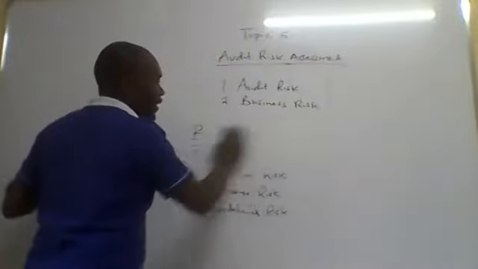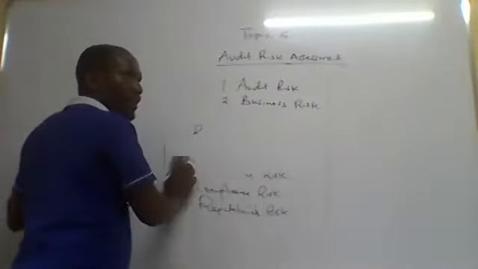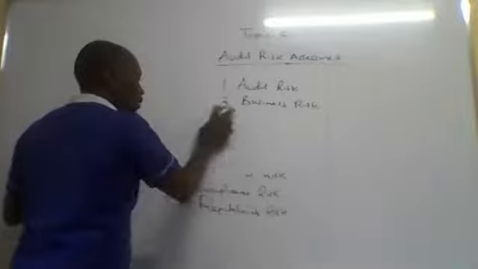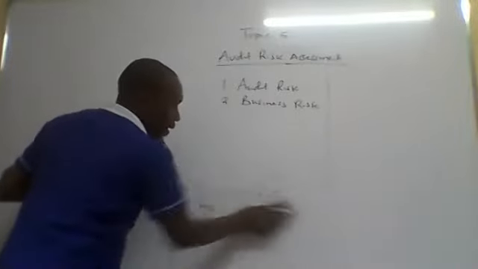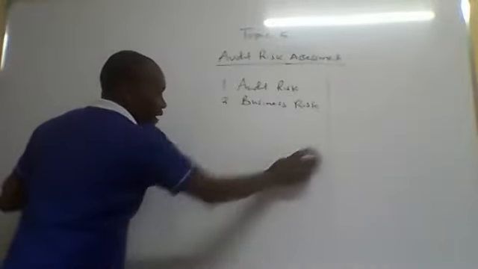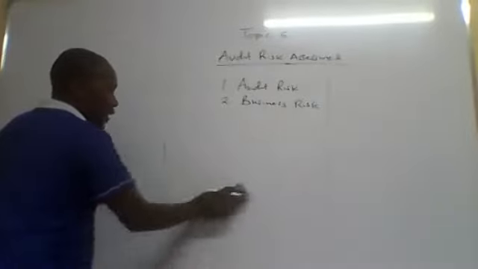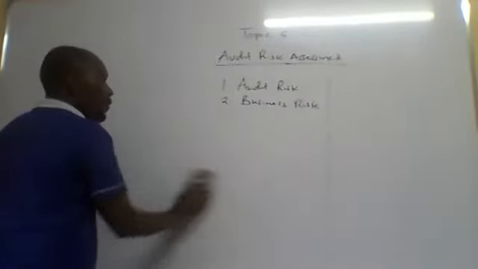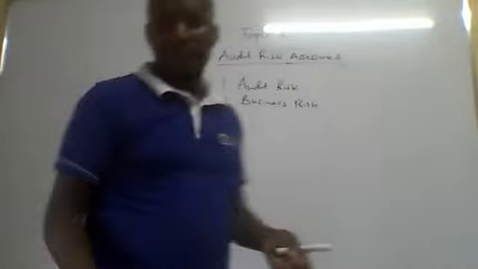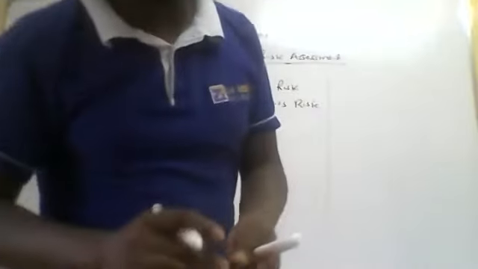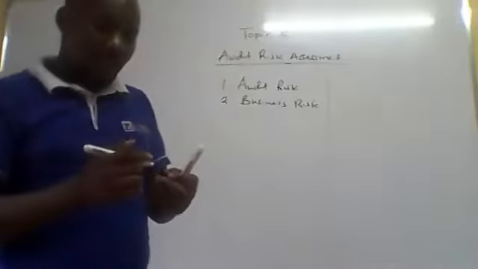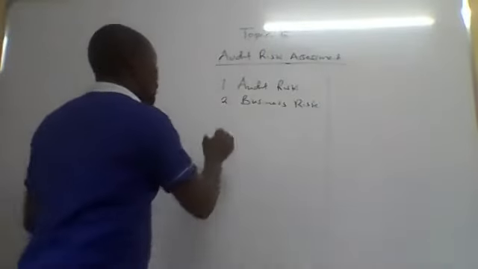In last year's August sitting, advanced level audit, they were asked to give examples of audit risk. They were told to define audit risk and give examples or types of audit risk. So we have audit risk.